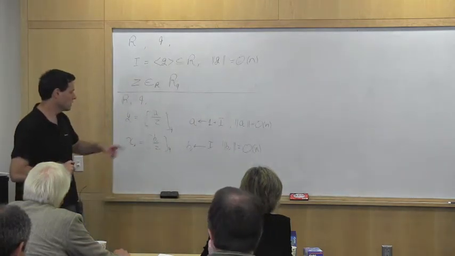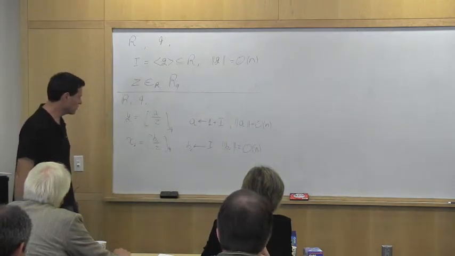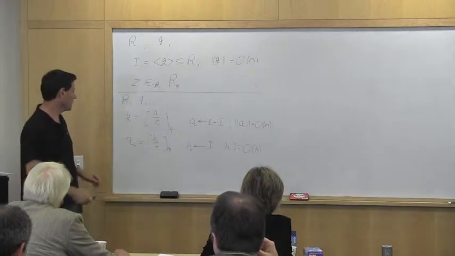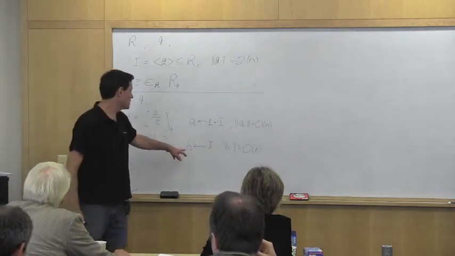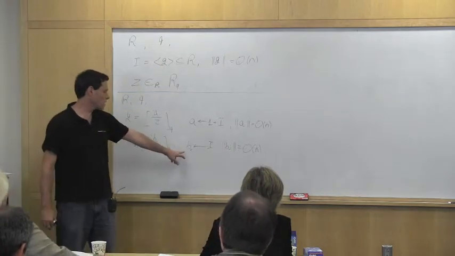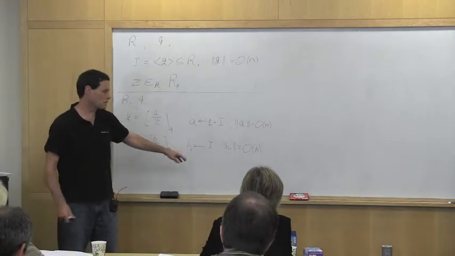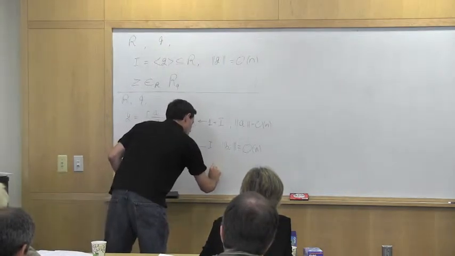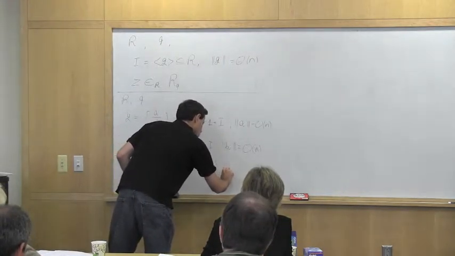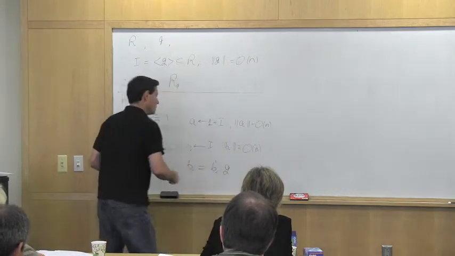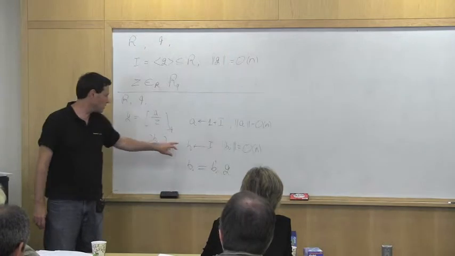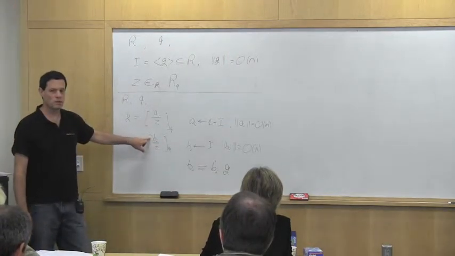Because this is a principal ideal and because this is in the ideal, it means that b_i is of the form b_i prime times g. This is when you think about it as an element in R.